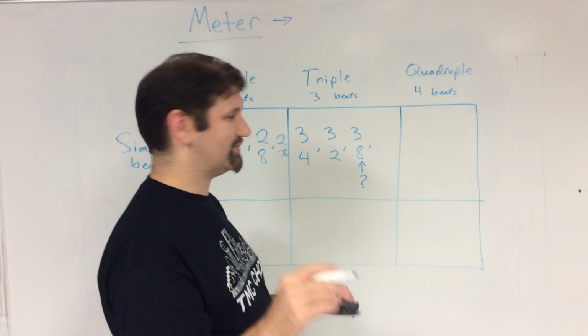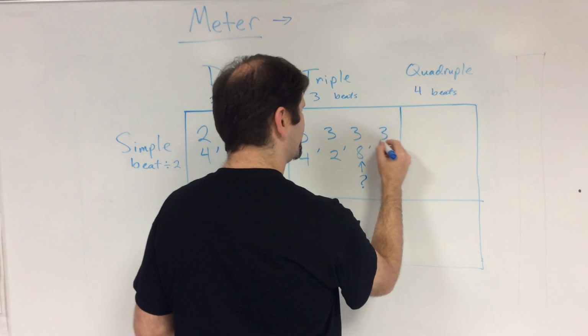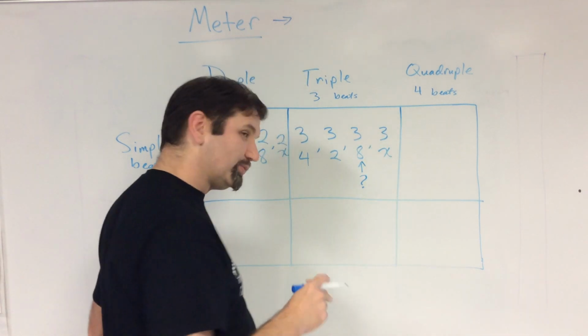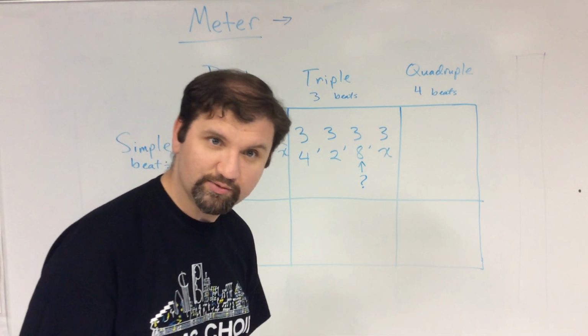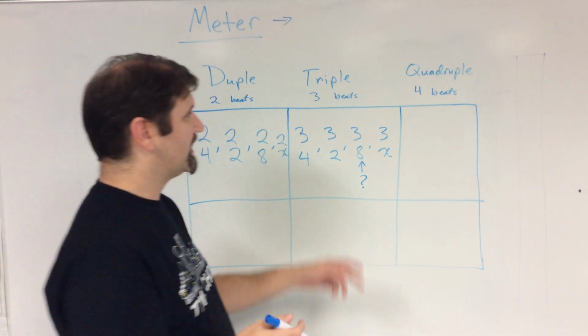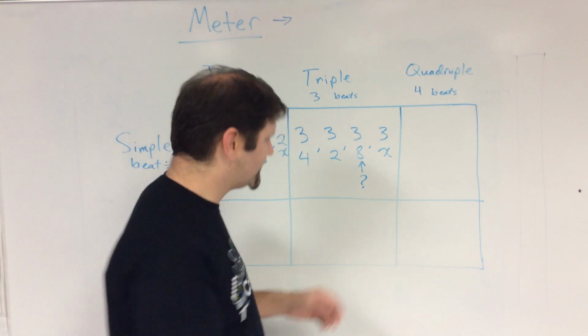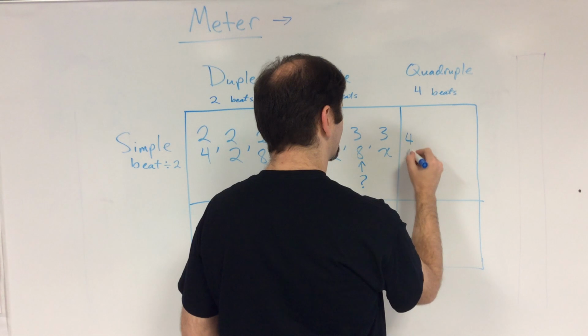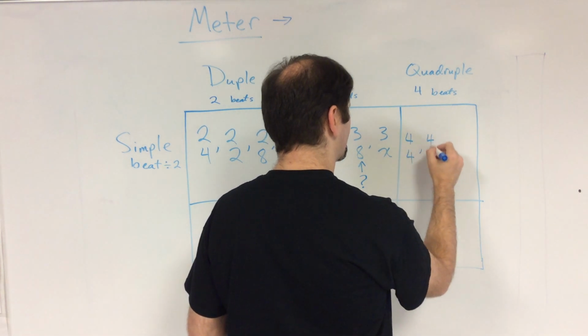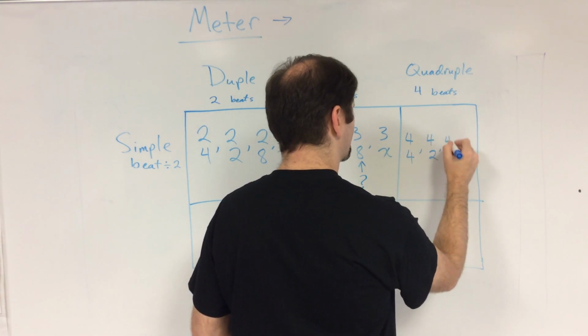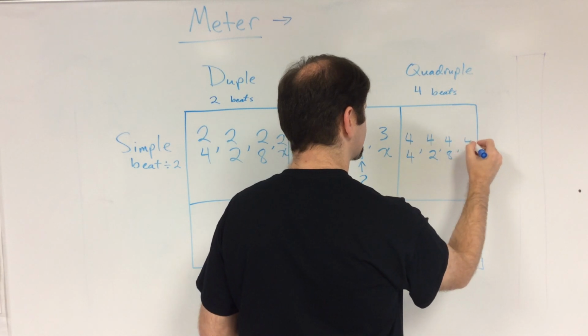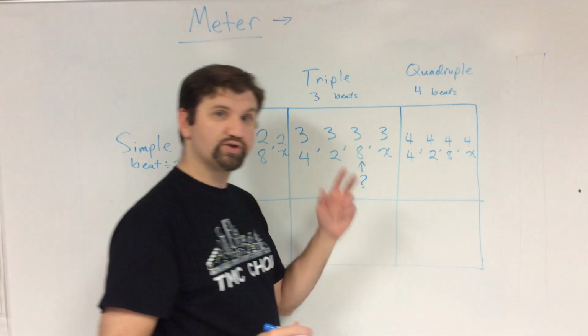It's a kind of an exception to the rule. But basically, 3 over x, where x equals some note value, would be our triples. Quadruples, as you probably guessed, we're looking at 4-4, 4-2, 4-8, etc. 4 over something. Those are the quadruples.